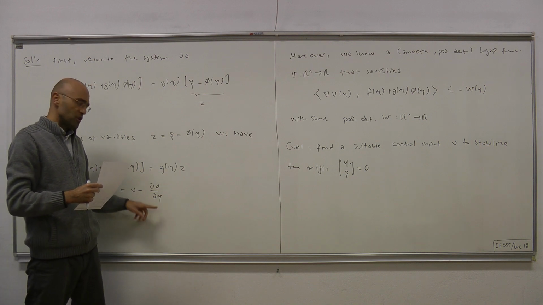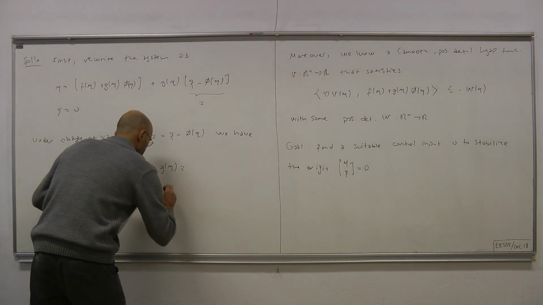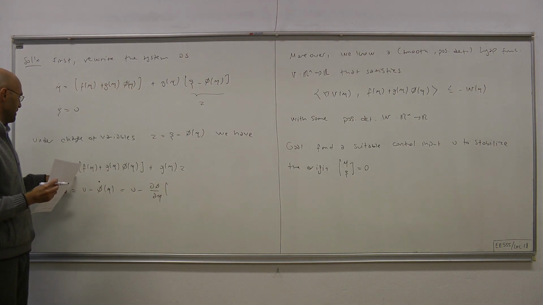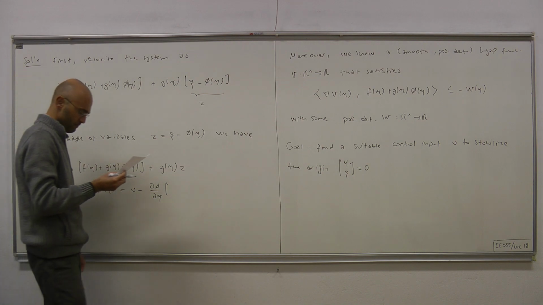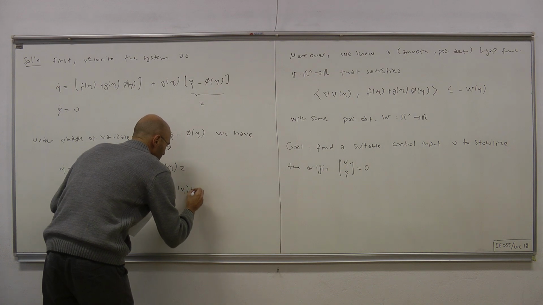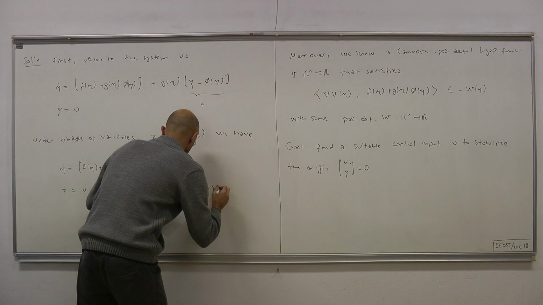Okay, so this notation is a row vector notation times the time derivative of eta. And the time derivative of eta is here: f eta plus g eta times xi.